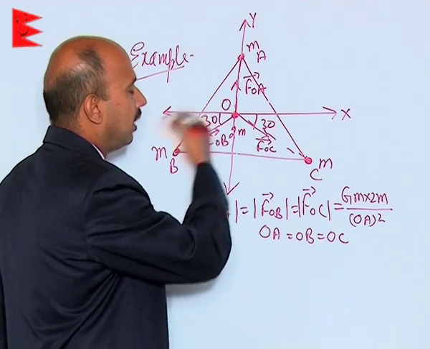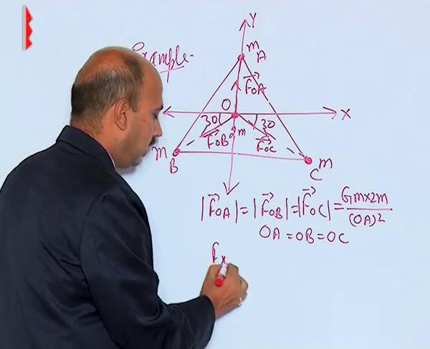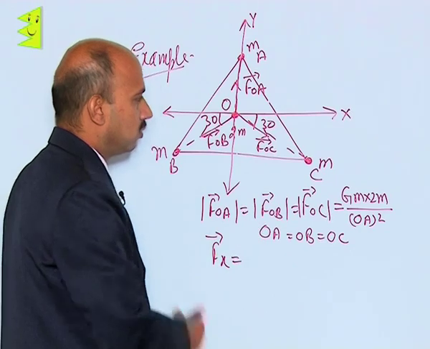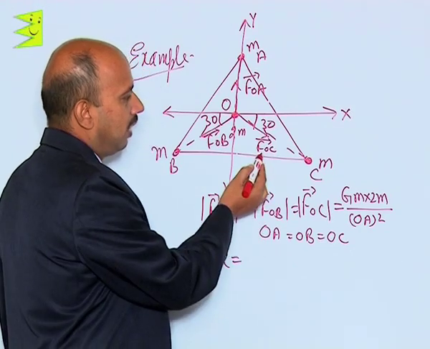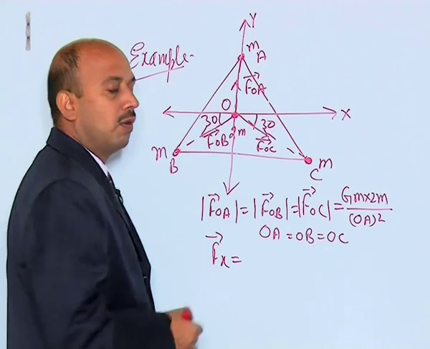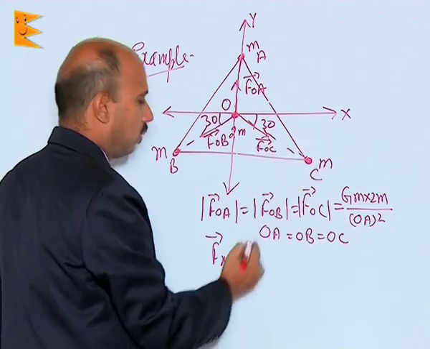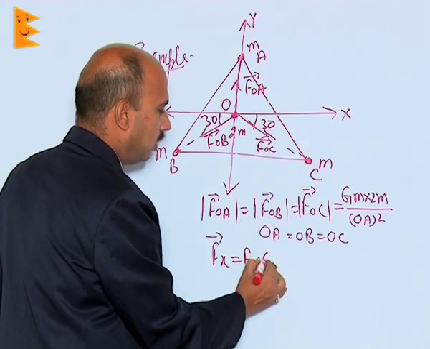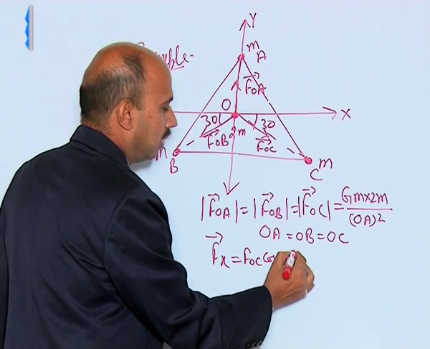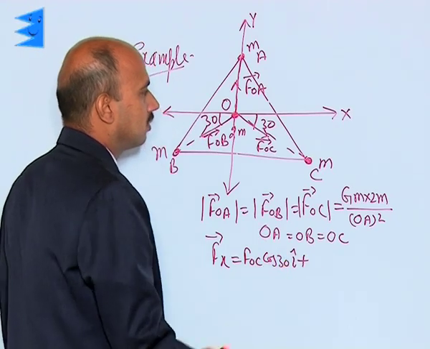Let us solve the x component first. If you take the x component of these forces, FOC is this side, and its x component is along this side, that is FOC cos 30 i cap plus.